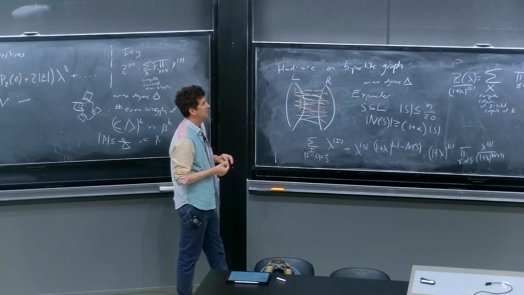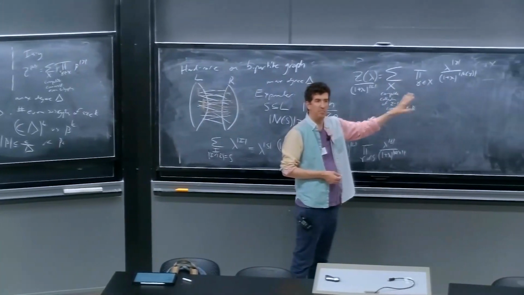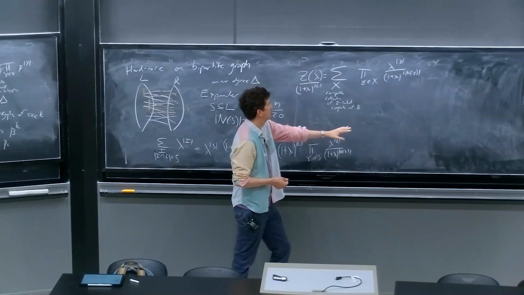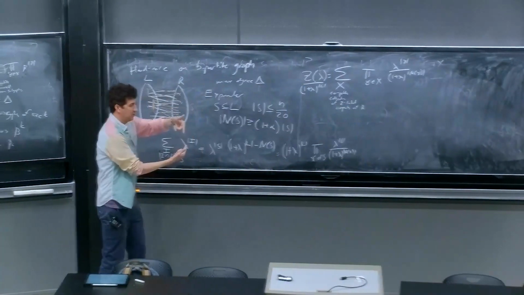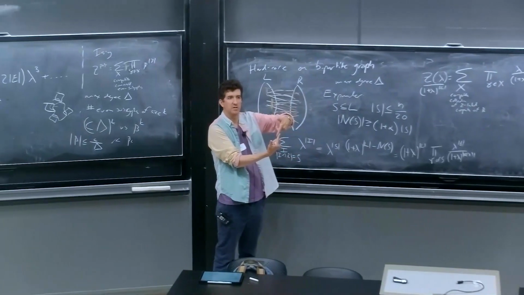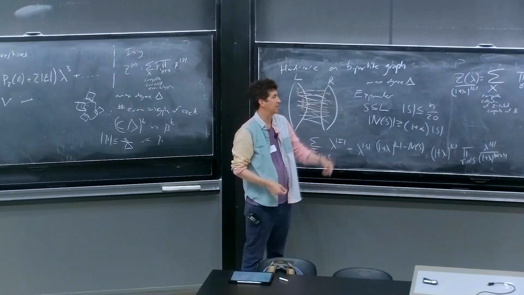And so this is exactly a polymer model partition function. Compatibility: if you take the union of two polymers, they're incompatible if they are two-linked, and compatible if they're not.